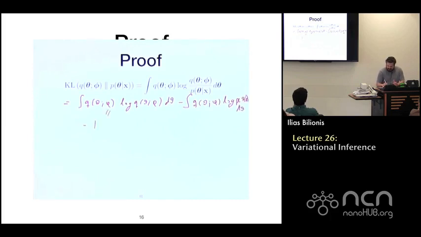This first thing here is minus the entropy of Q. And in this term right here, you know that p(theta|x) is the joint distribution of x and theta divided by the evidence, right?